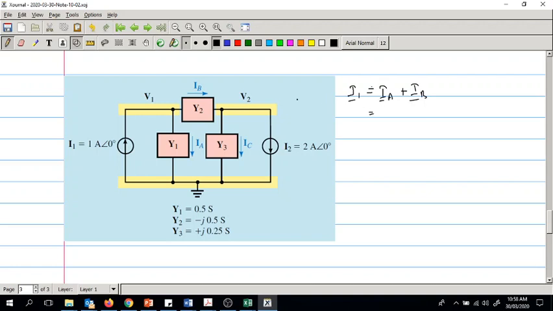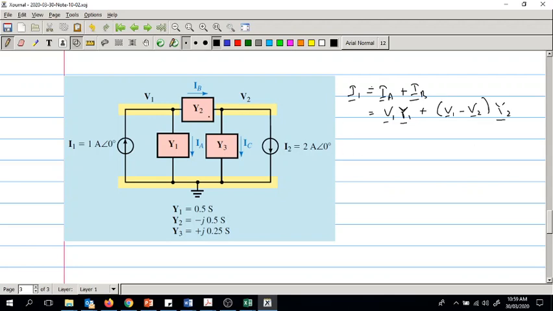IA is equal to V1 Y1, because V1 over Z1 becomes Y1, since 1 over Z is Y. So V1 Y1 plus IB, which is V1 minus V2, all in the complex number domain, into Y2.